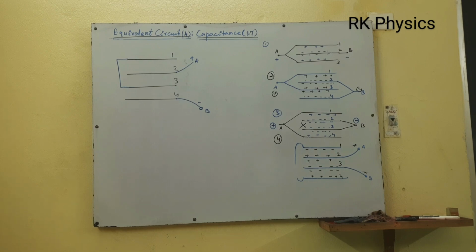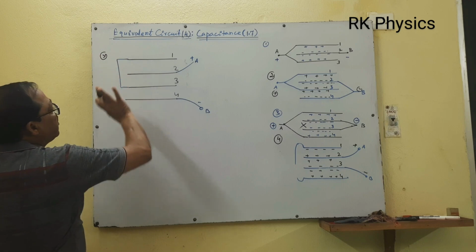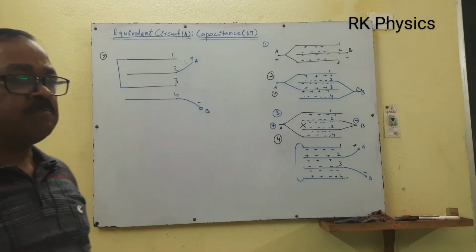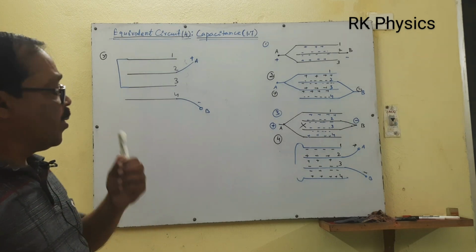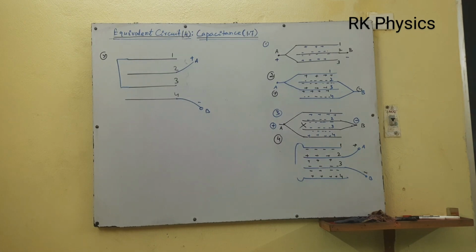Now let us come to another circuit diagram. There are again 4 plates, 2 and 4 they are connected to positive and negative terminals of the cell.